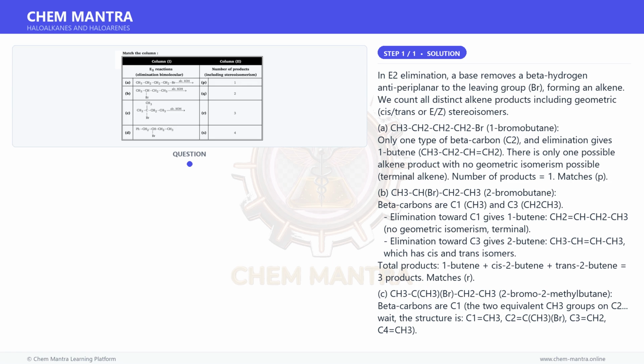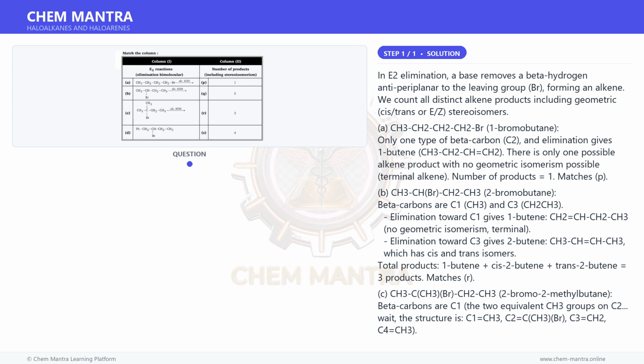Matches Q. D. PhCH2CHBrCH2CH3, 1-phenyl-2-bromobutane. Beta carbons are C1, PhCH2, and C3, CH2CH3. Elimination towards C1 gives PhCH=CHCH2CH3, 1-phenyl-1-butene, which has cis and trans isomers, equal to 2 products.